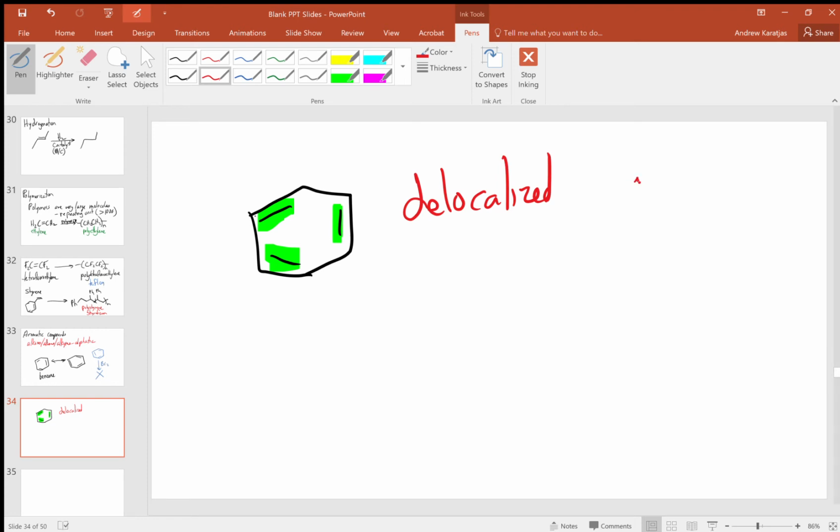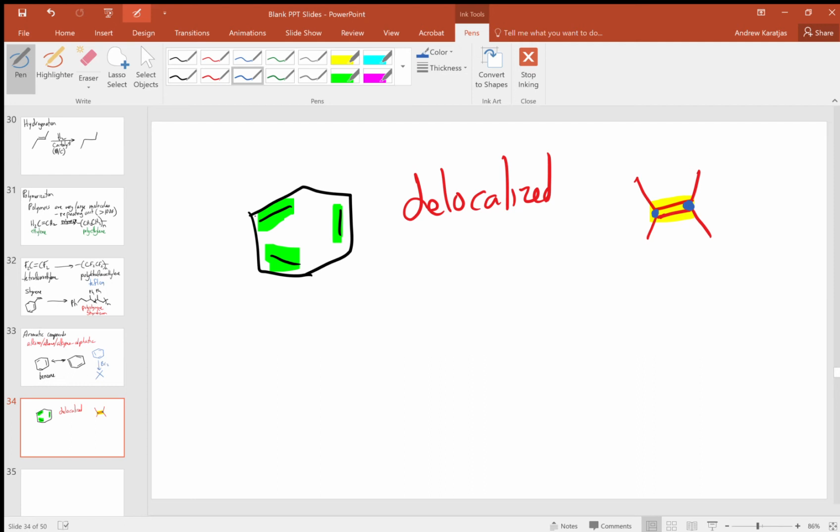So if we have a normal alkene, like this one, the 4 electrons of the double bond are shared by the 2 atoms that make up the double bond. So this carbon and this carbon. Those 2 carbons share all 4 electrons.